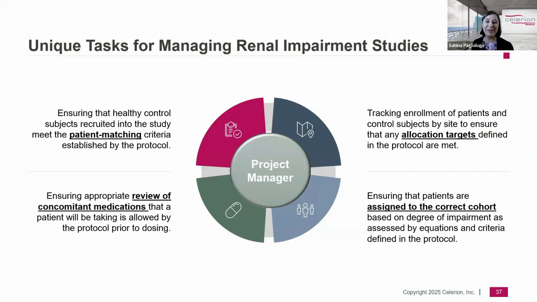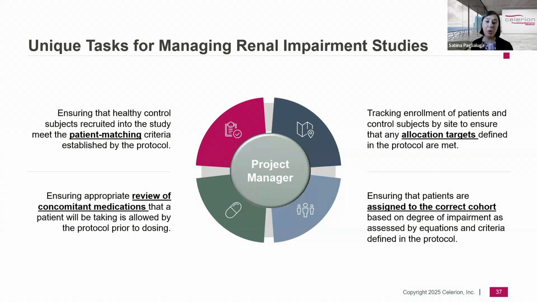Our global clinical development project managers have identified 4 unique tasks to successfully executing these renal impairment PK studies. They include ensuring that the healthy control subjects are matched to patients according to the protocol-defined parameters, carefully reviewing concomitant medications for these patients, as they are often on many different types of medications due to the disease.